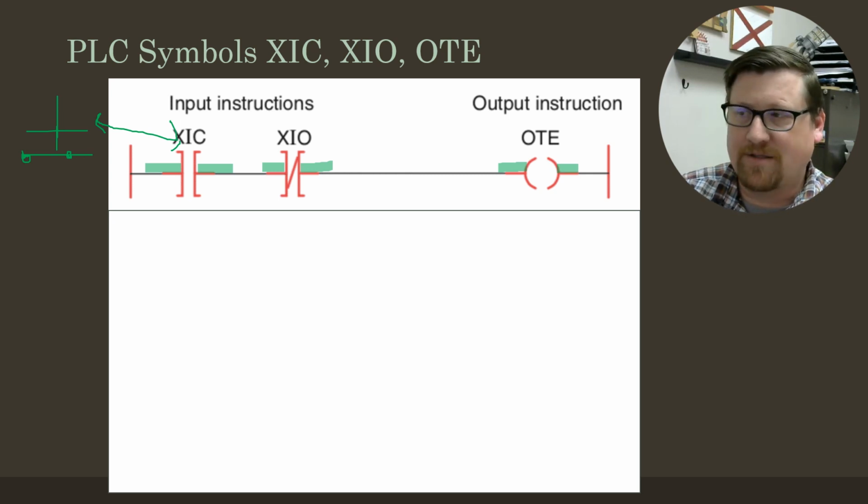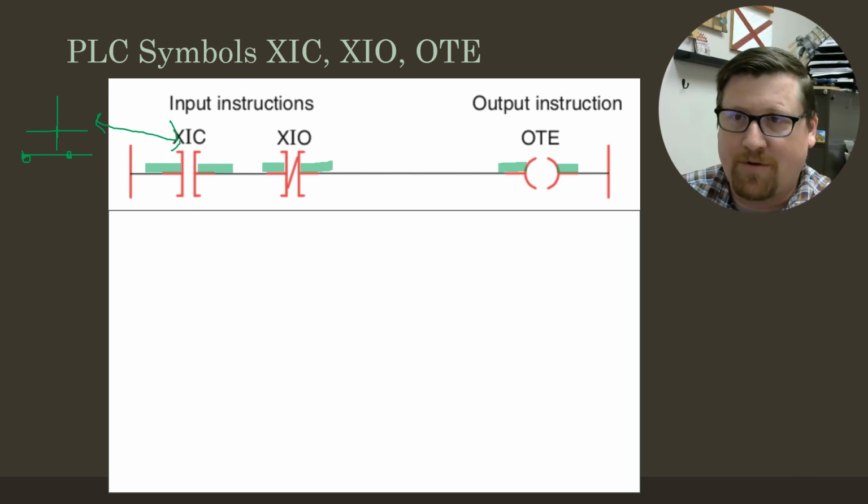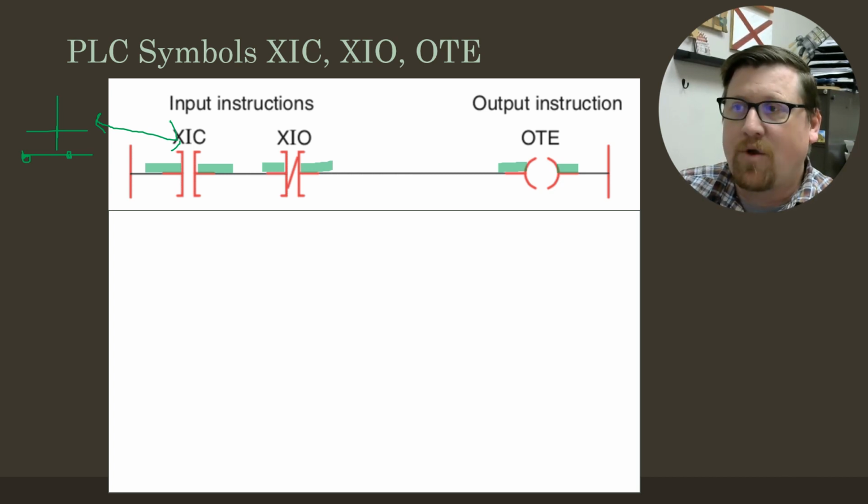I hope that makes sense to you guys. We're not getting too deeply into what a PLC does, but when my inputs are all true, I have yeses on all of the inputs, and there could be many in this row coming up to this output energized, then my output energized would be true.